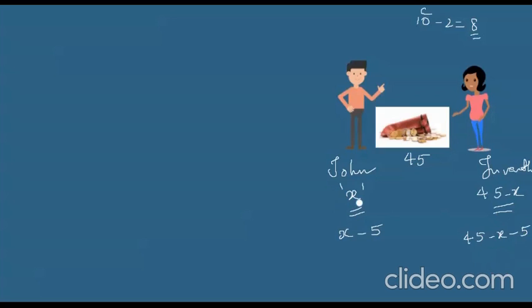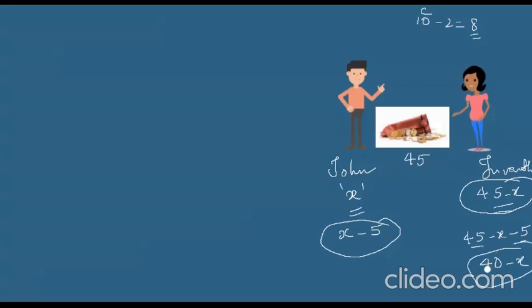Clear? Taking 45 minus 5, it is 40 minus x. So this is the present situation.